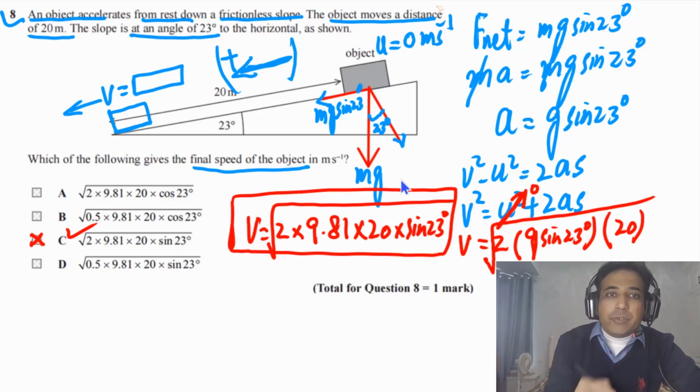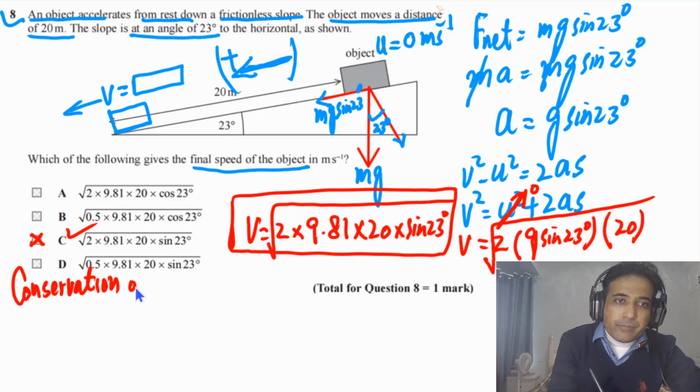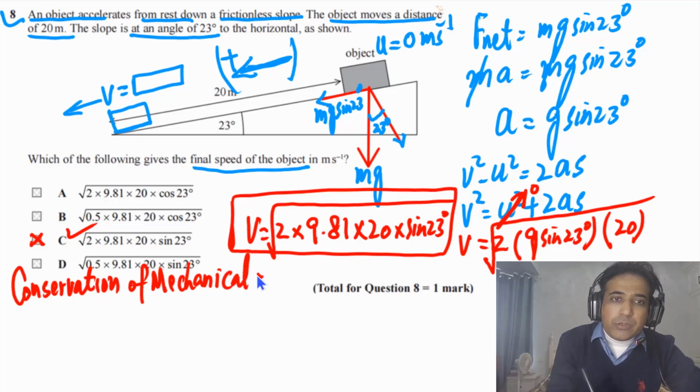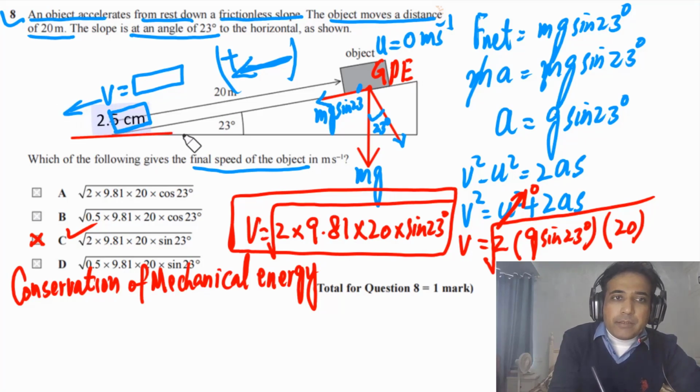There is another way to answer this question. We can also use conservation of energy. Let me explain it with the help of conservation of energy. Because there is no friction, we will say conservation of mechanical energy. At this point, the object has a certain gravitational potential energy, and we can take our reference line.